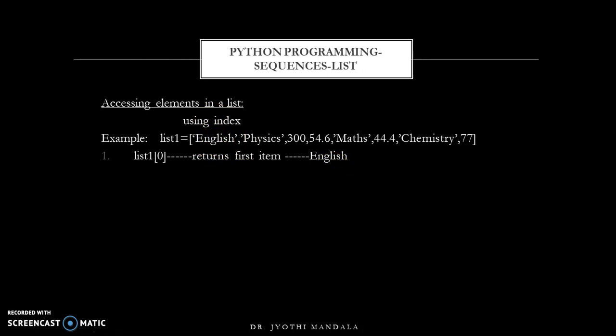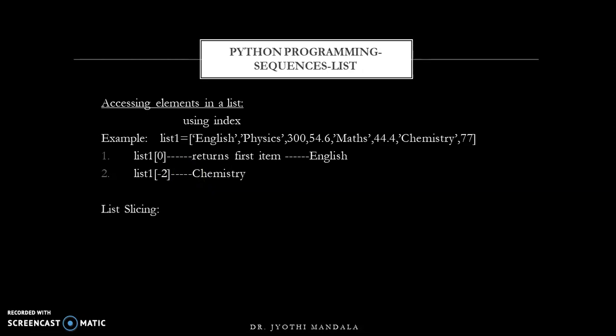We can also give negative indexing. In my previous video I told you we have two ways of indexing, positive indexing and negative indexing. If I give list 1 of -2, from the right side this will be given an index of -1, this will get an index of -2. So list 1 of -2 will return chemistry. So this is how elements can be accessed.